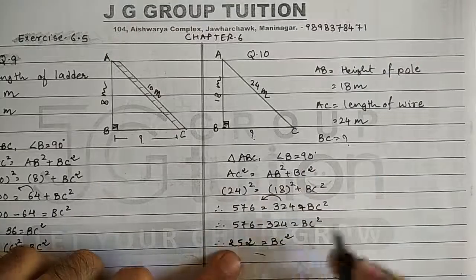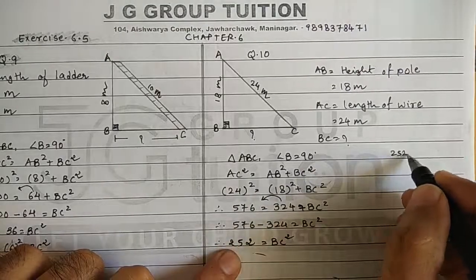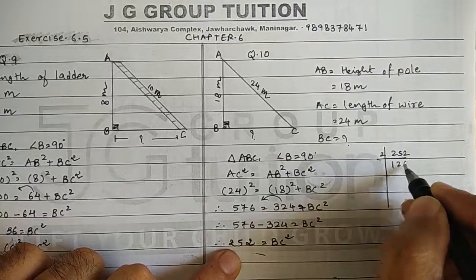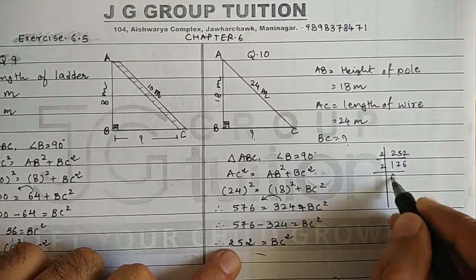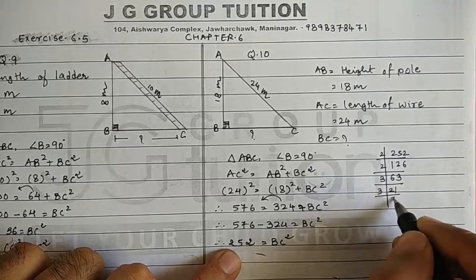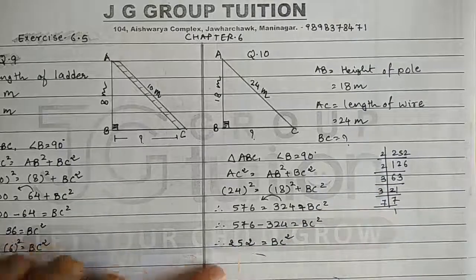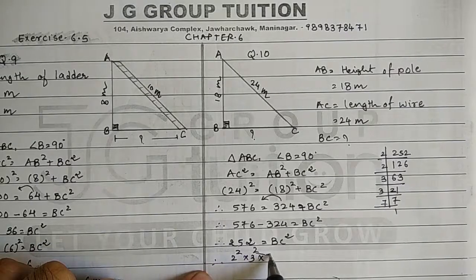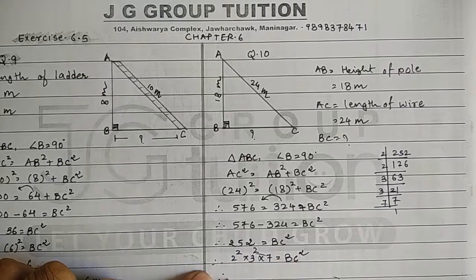As we know, it's not a perfect square of any number. So let us find the prime factors of this number. 2 ones are 2, 2 twos are 4... 252 equals 2 squared, 3 squared and 7. So 7 is the only number which is in one term.